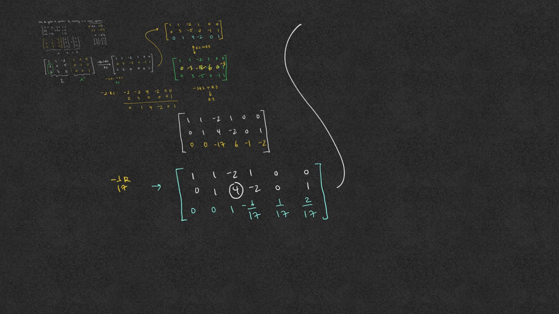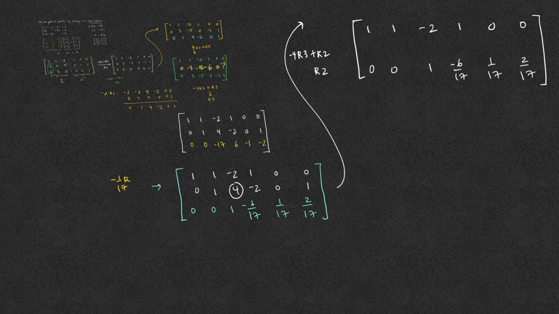And we can do that by taking row 3, multiplying by negative 4, and adding to row 2 to get the new row 2. So we keep the first and the third row. Negative 4 times row 3 will be 0, 0, negative 4.